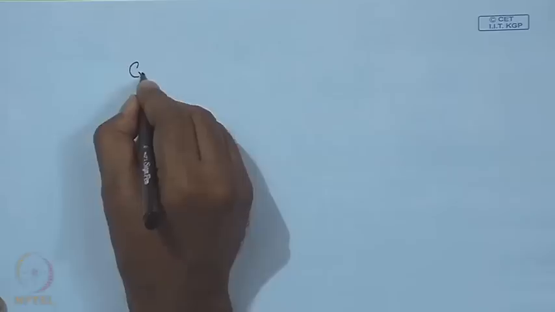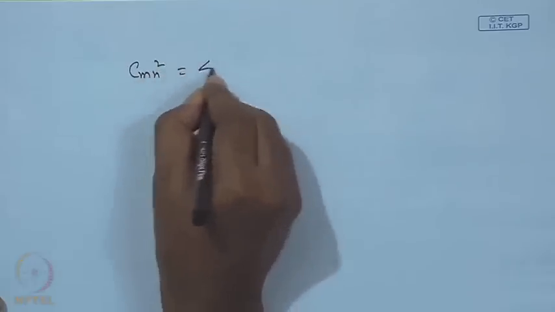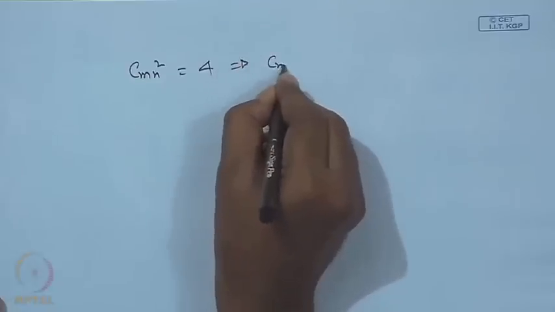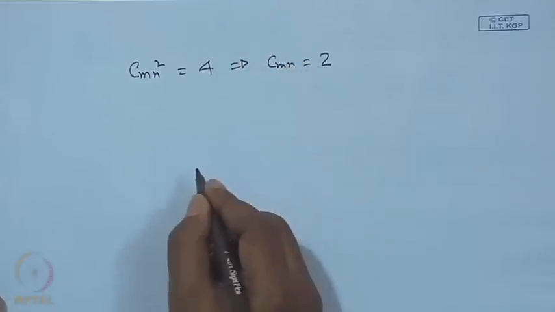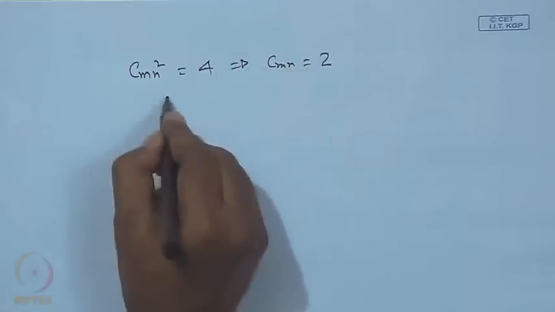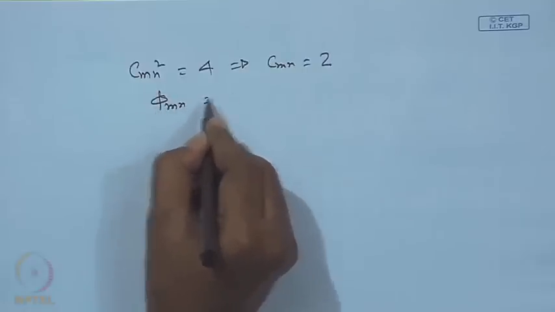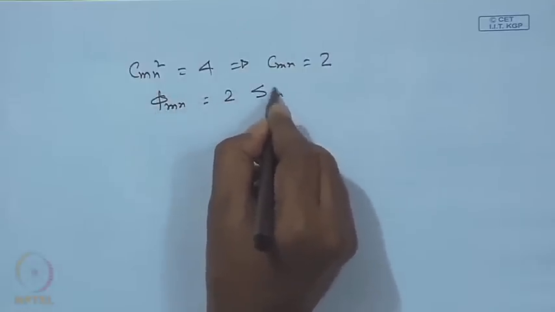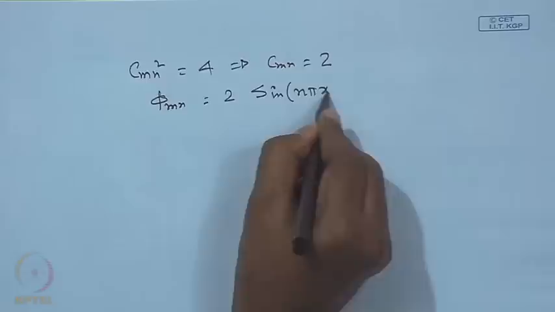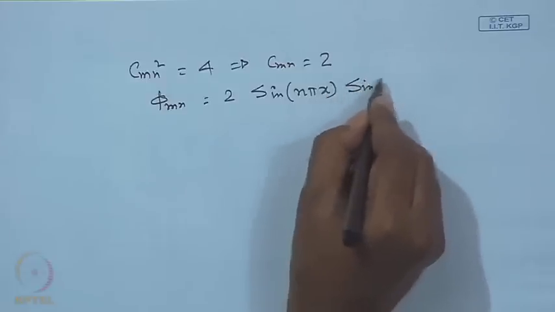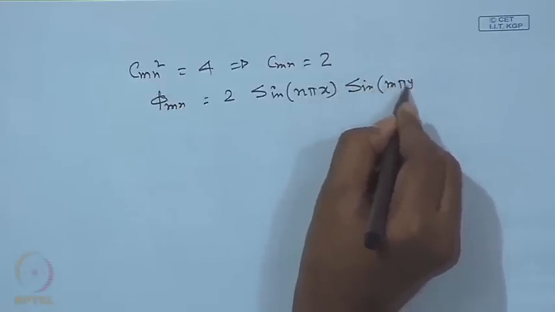So, C m n square is 4 and C m n is nothing but 2. So, we get phi m n as 2 sin n pi x sin m pi y.